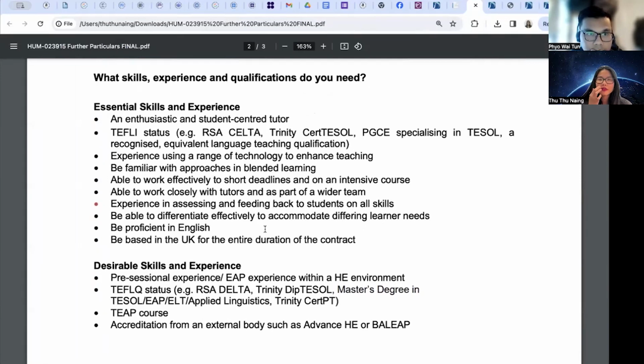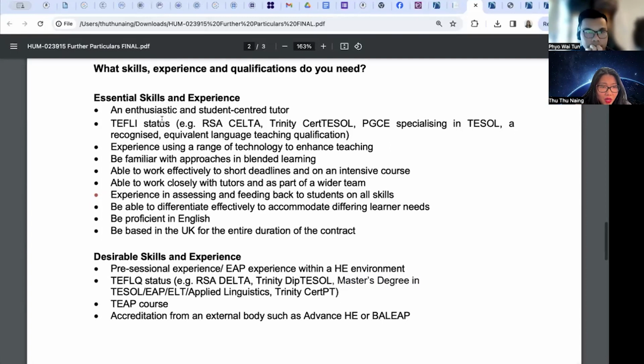In most of the jobs here in the UK, or even in Myanmar, I think, or in other parts of the world, they have two types of skills that you need: essential or desirable. Essential means you must have it to even be shortlisted. Desirable is nice to have, but it's fine without it. Here you'll see that they always ask for CELTA, Trinity, PGCE with TESOL.